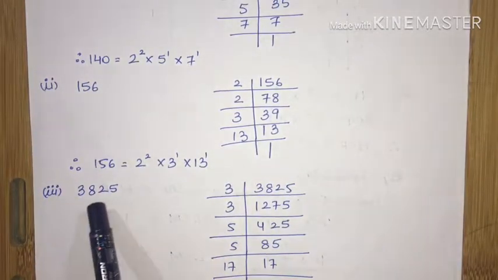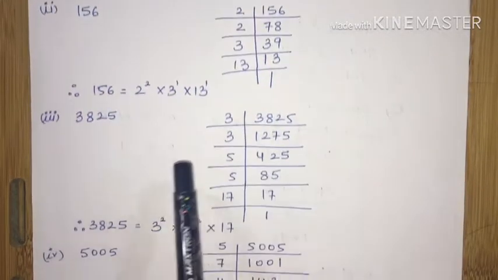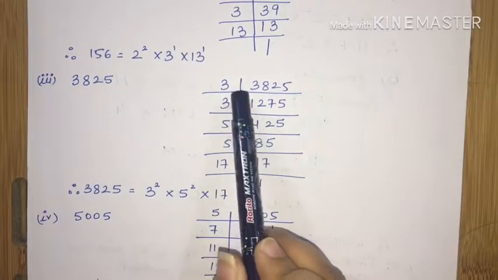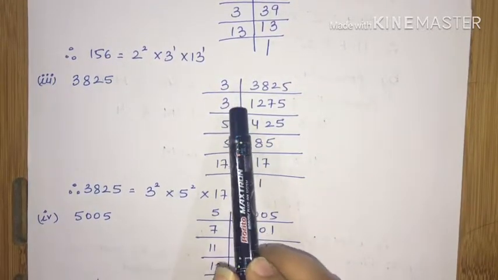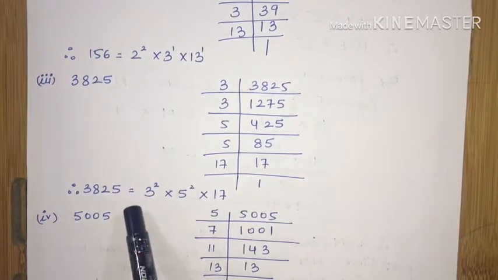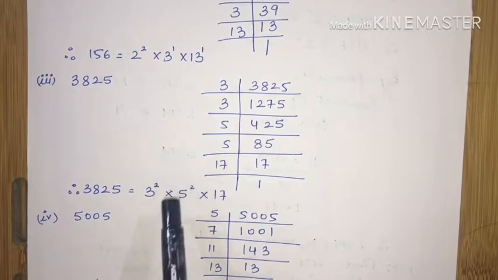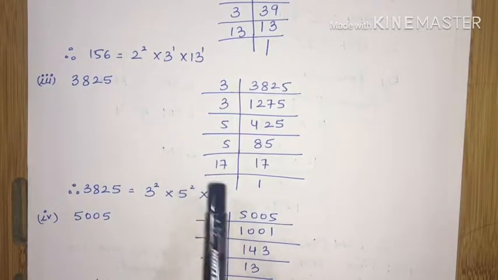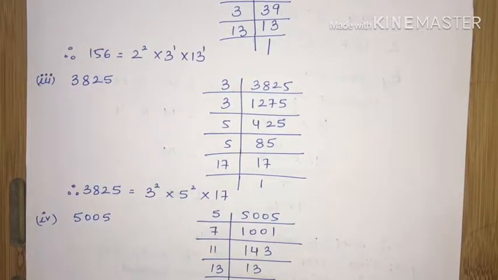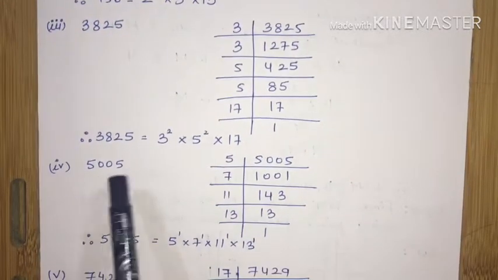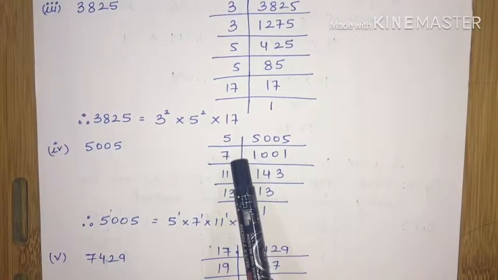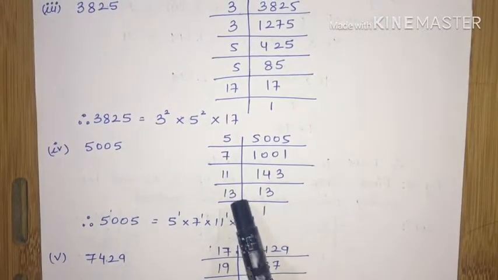Next is 3825. The factors of 3825 are 3 into 3 into 5 into 5 into 17, which is equal to 3 raised to the power 2 into 5 raised to the power 2 into 17 raised to the power 1. Next is 5005, which is 5 into 7 into 11 into 13.